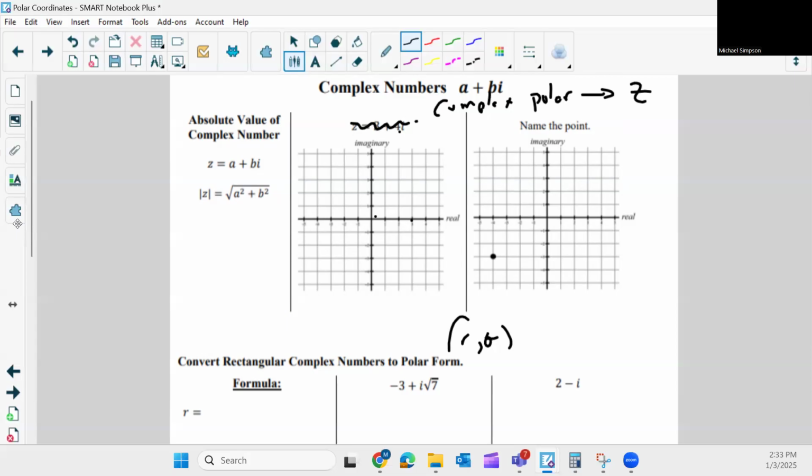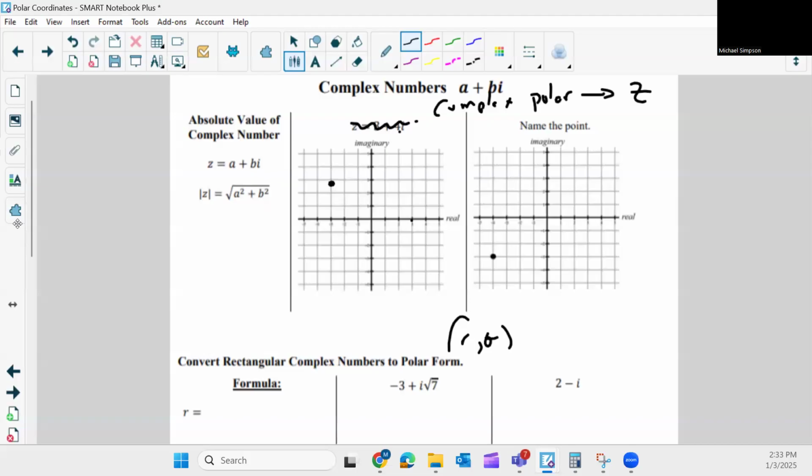Let's see what that is. The square root of 7 is about 2.6. So 1, 2, 3, and 2.6, somewhere around there. That's the point right here.